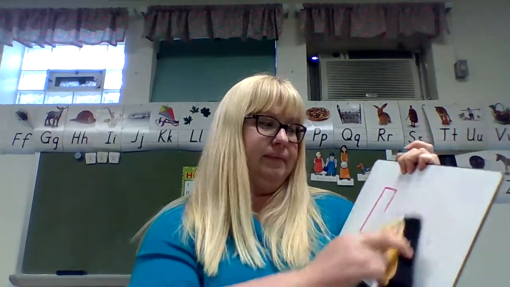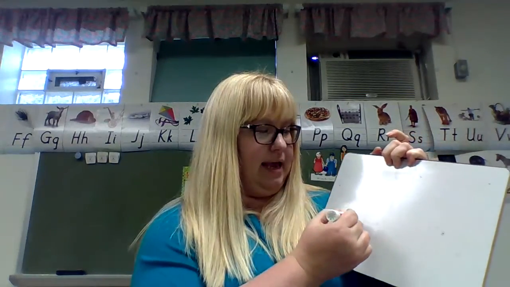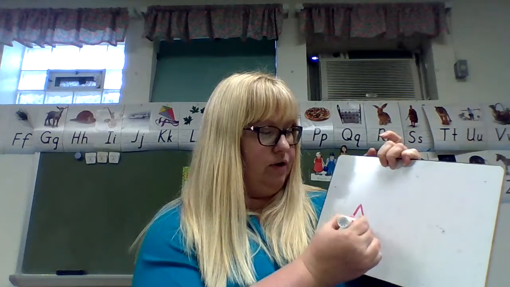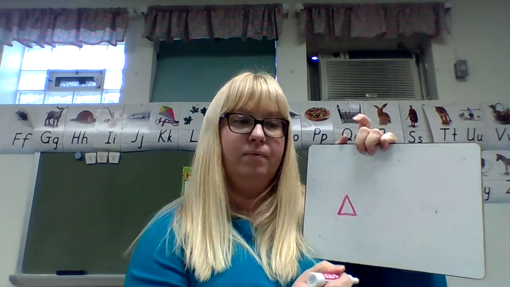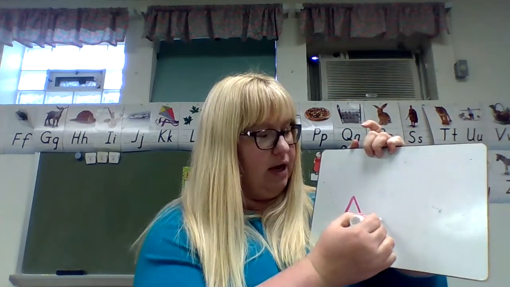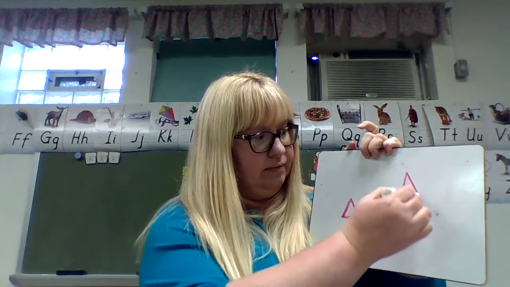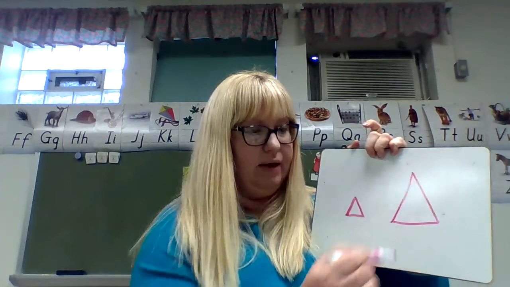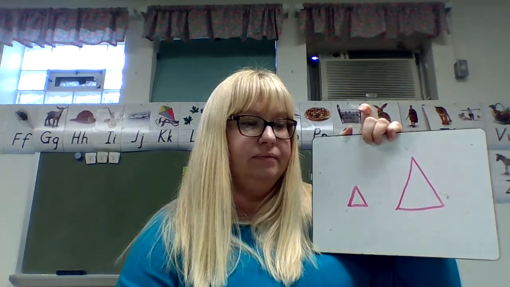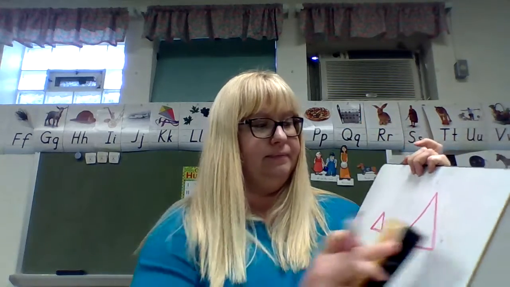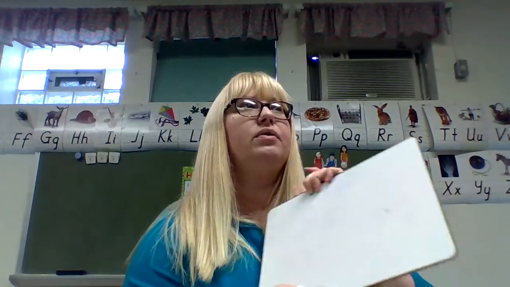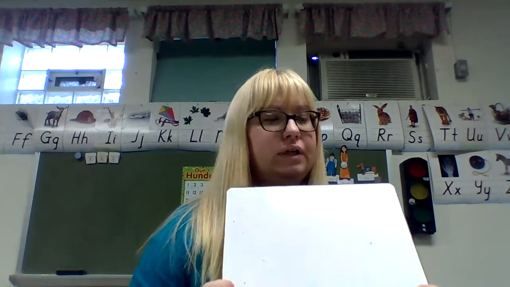All right. I may want to draw a small triangle. I might want to draw a taller triangle. So I'm going to make it bigger, a taller one. Okay. I'm trying to think what I can make.